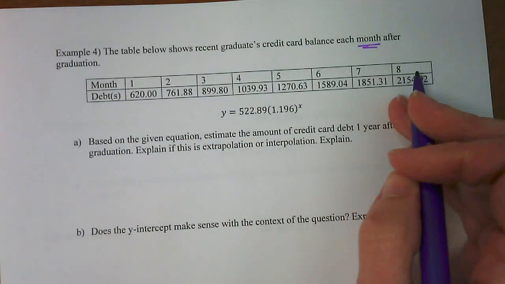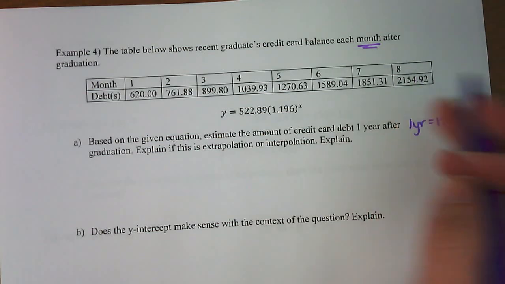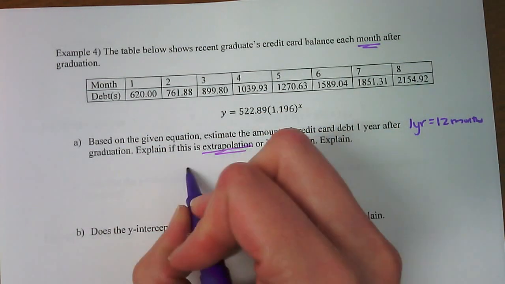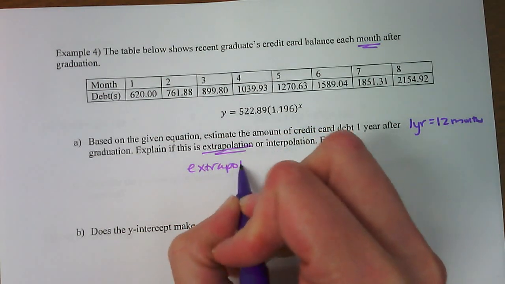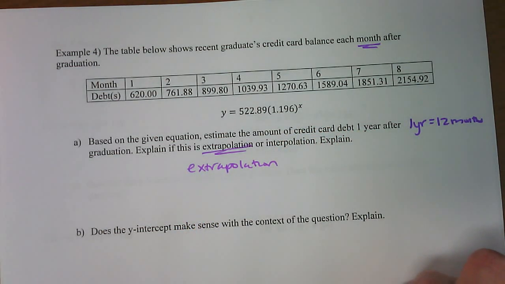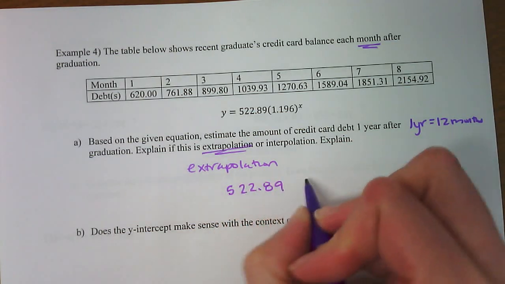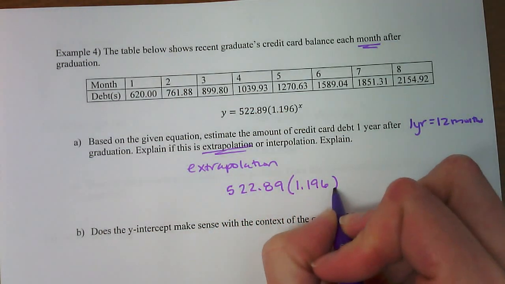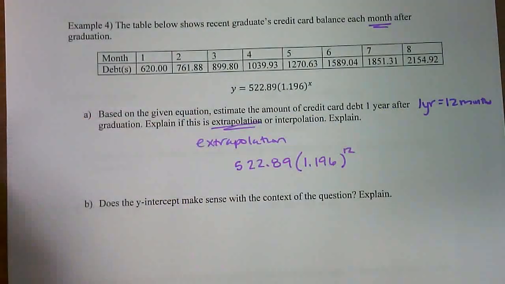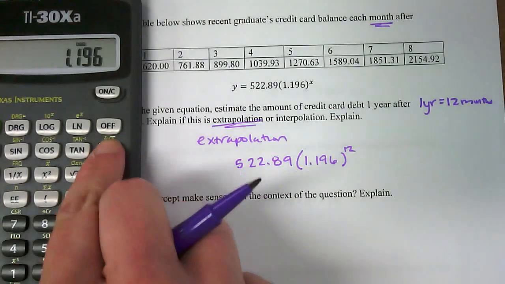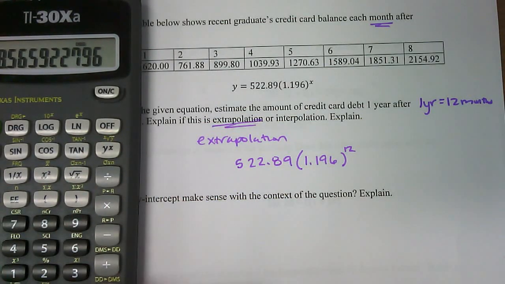Okay, this chart only goes up to 8 months, so 12 would be out here somewhere. So this is definitely going to be extrapolation because we're outside of the set of data. So we need to take the information we have and we're plugging in a 12 for 12 months. So 1.196, use our exponent button, 12, hit equals, and then times 522.89.